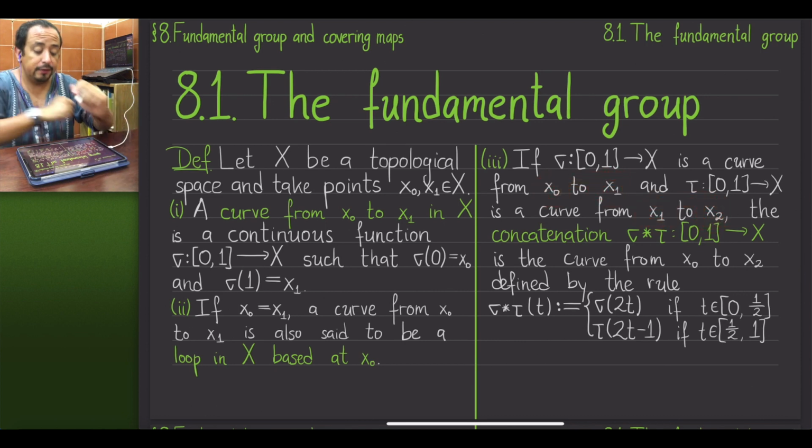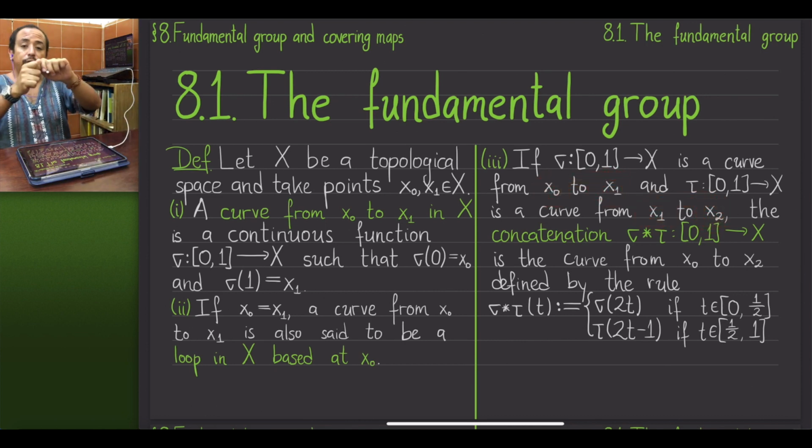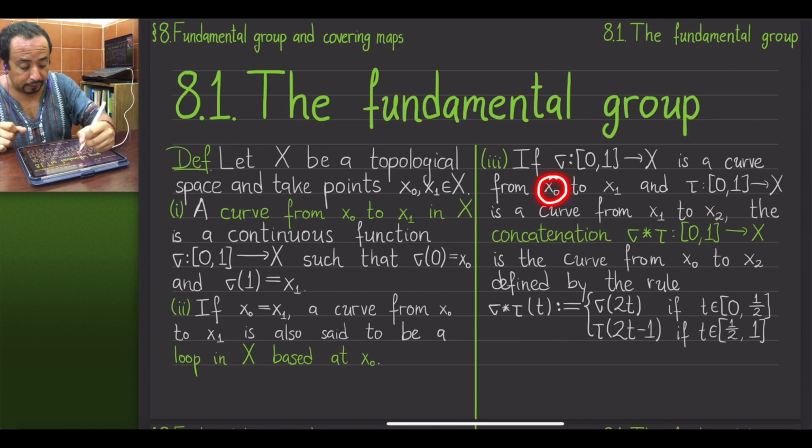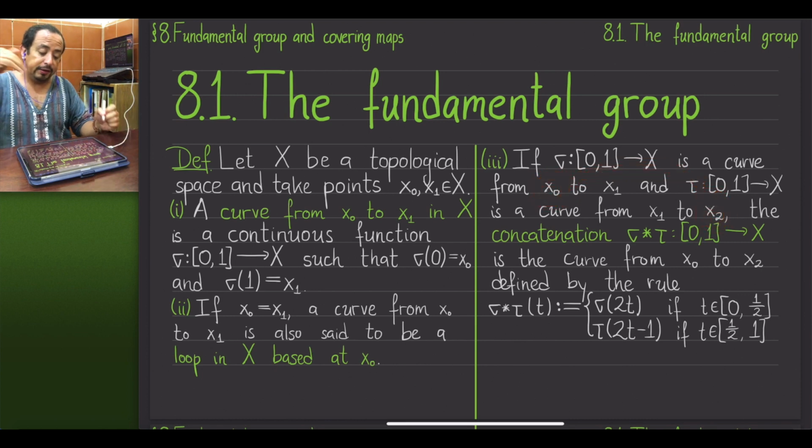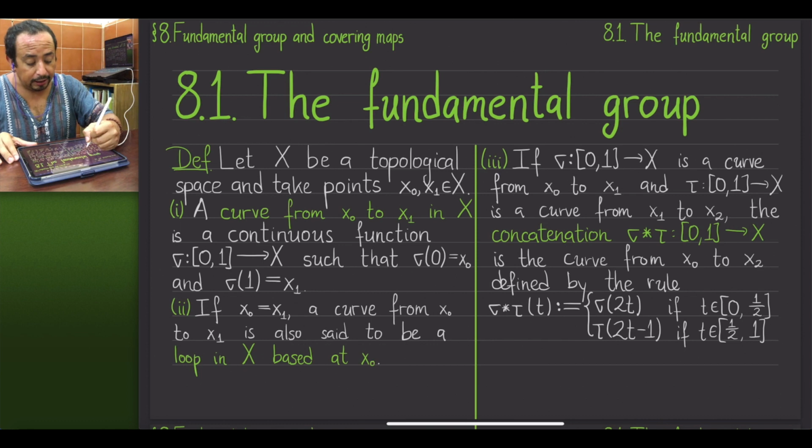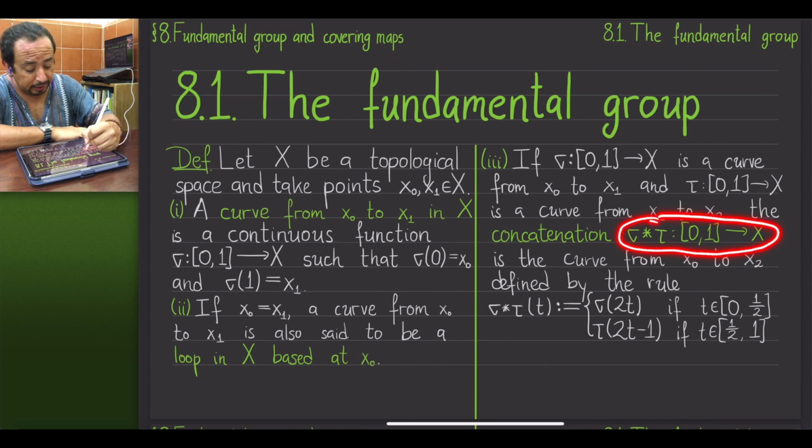Then it is natural to define a concatenation as a curve that goes from x0 to x2, traversing sigma in its first half and tau in its second half. We define such a concatenation and denote it by sigma star tau.